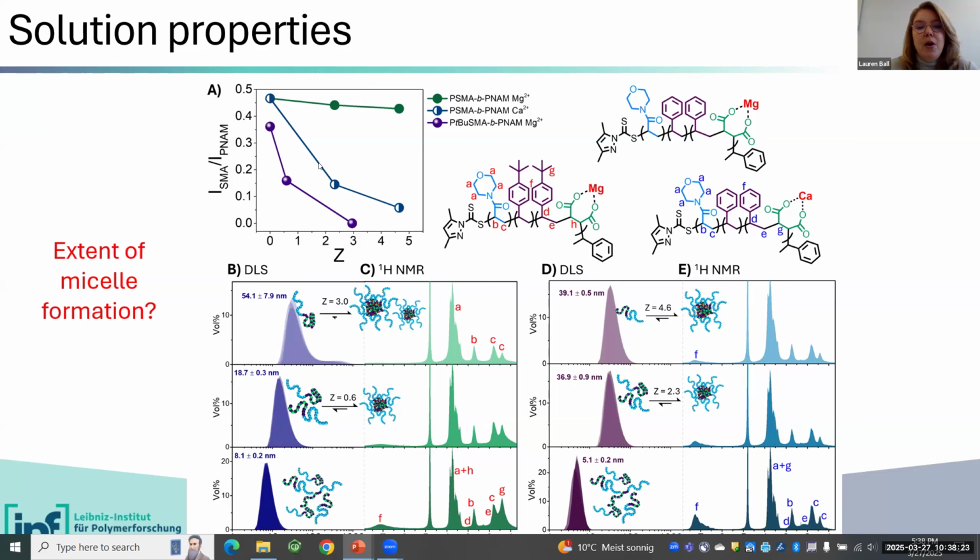For the SMA block copolymer treated with calcium, we had quite successful micellization, but not complete, up to very high calcium concentrations of 200 millimolar. And for our tert-butyl SMA acrylomorpholine block copolymer, we had complete micelle formation at slightly lower Z ratios, but this corresponds to 100 millimolar magnesium.